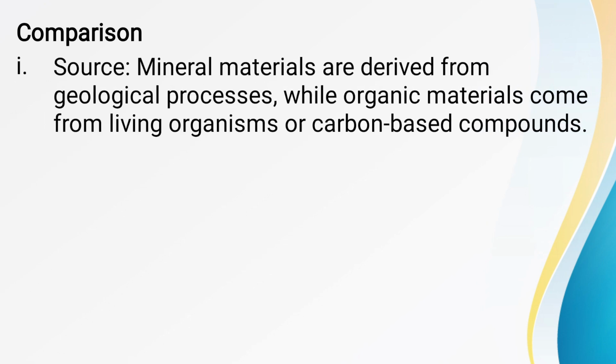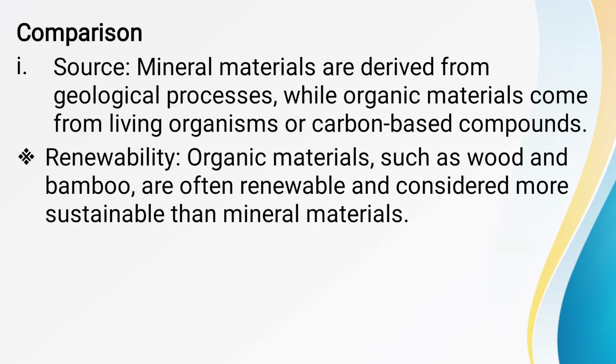So when you look at the source of these two broad categories of materials, we see that mineral materials are derived from geological processes. That is through the formation of rocks, then they are quarried, produced to make the mineral material. While organic materials come from living organisms and carbon-based compounds.